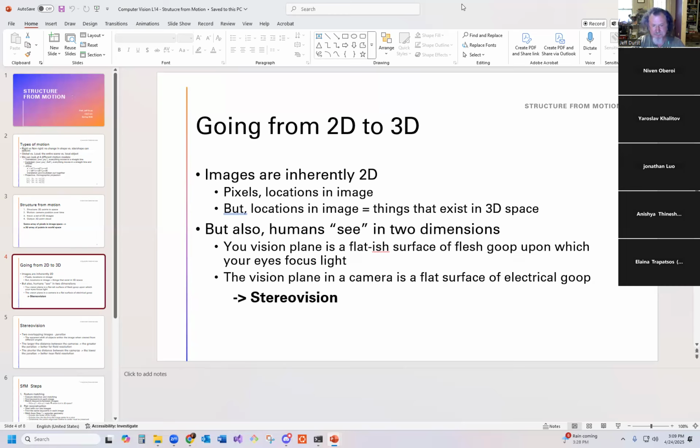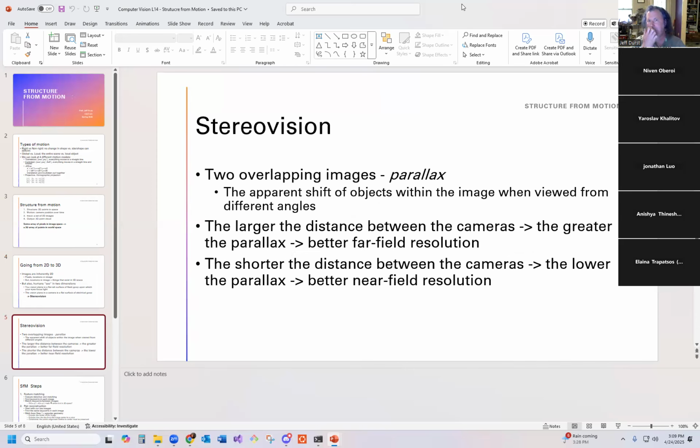Which is why, if you guys watch Futurama and Leela and the Cyclops, or any sort of gag in media where you have a person with one eye that has no depth perception, it's because without two images to overlay, you do in fact have no depth perception. So the way we get from 2D images to a 3D world is through stereo vision.